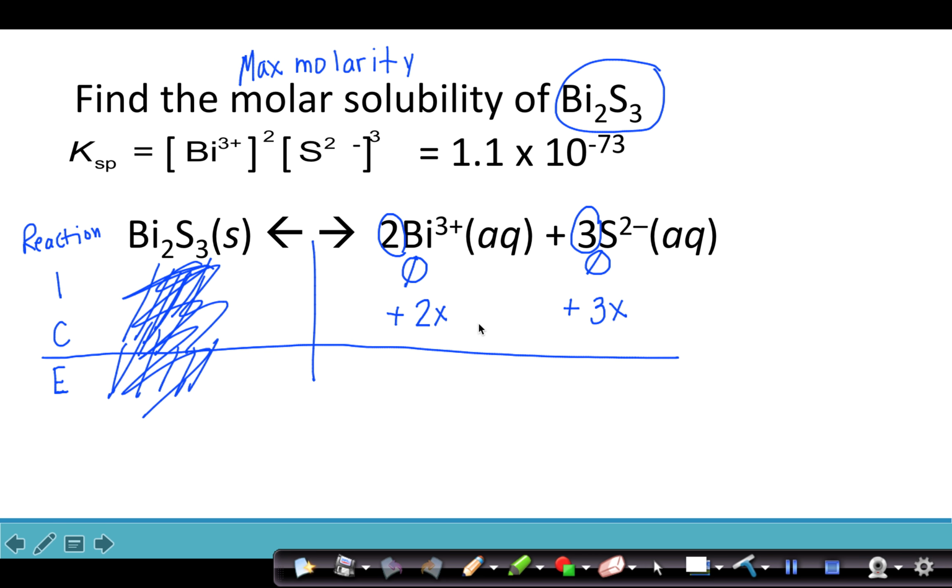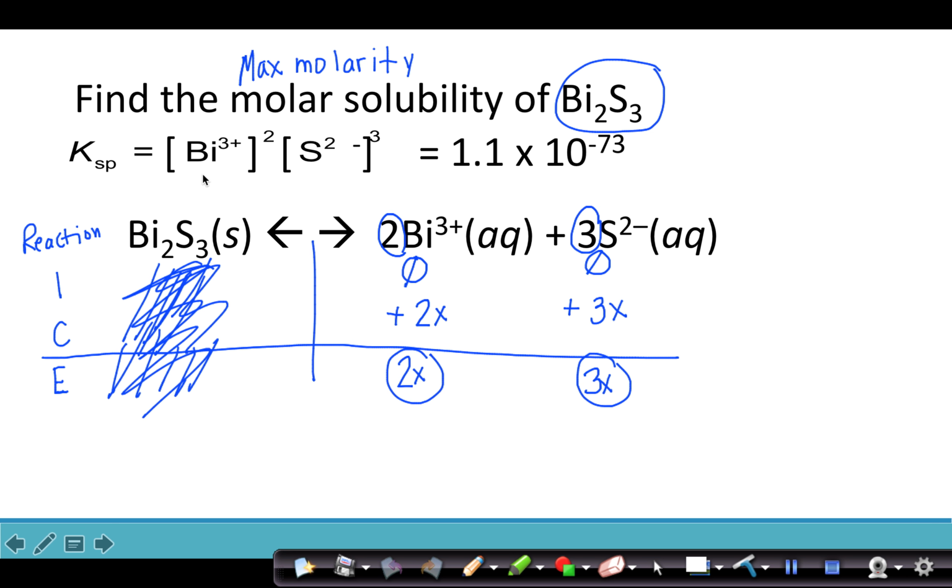We're adding products because as this dissolves, we make ions. When we first put it into water, it's a solid. As the reaction reaches equilibrium, some of the solid makes aqueous ions. We read down 0 plus 2x, 0 plus 3x, and we put these numbers into the equilibrium expression.